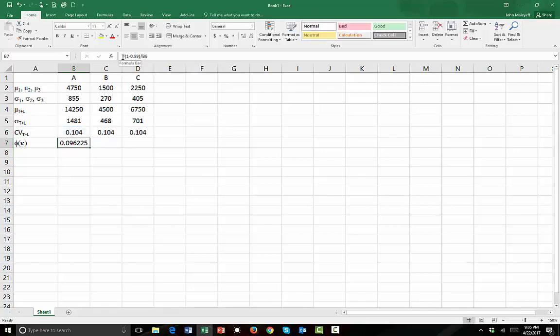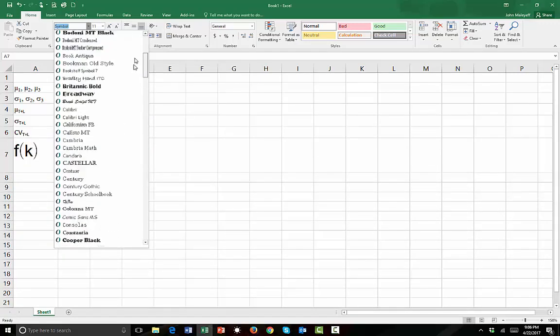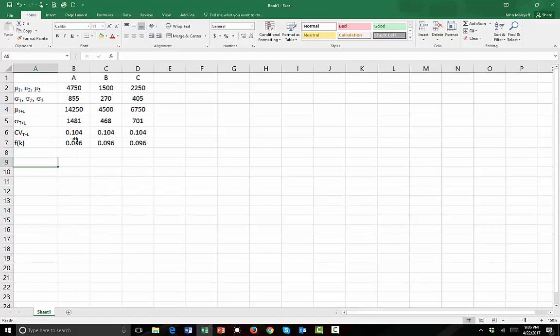And remember, if we're going to use the table automatically, we have to round this off to 3 decimal places. And that will be the same really for each one because of the fact that we have the same CV and the same safety stock factor.